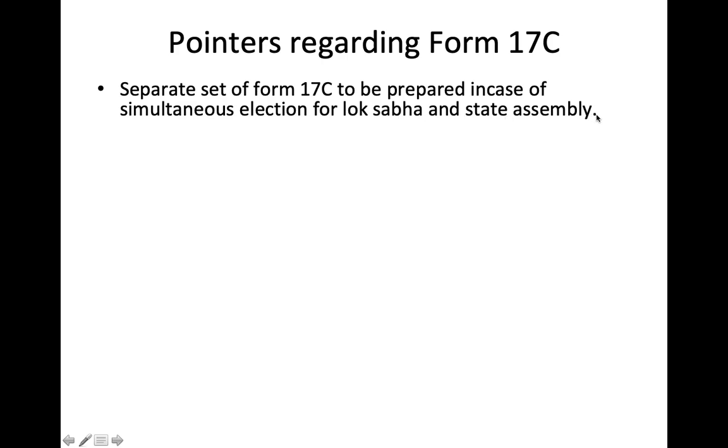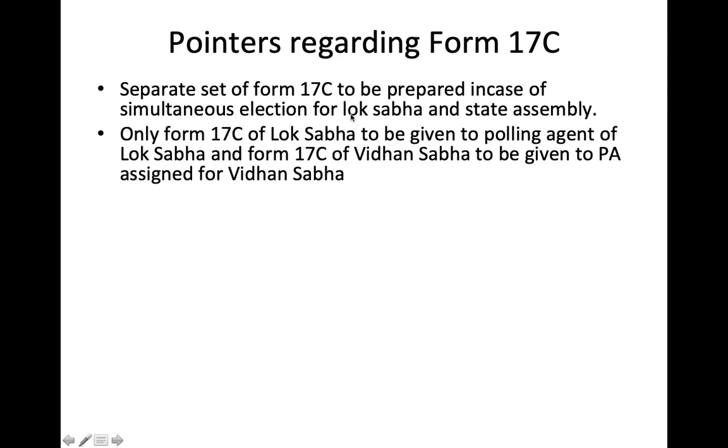The details will be different in both cases, because in Form 17C, as we have seen, we have to enter the unique ID number of the control unit, ballot unit, and BBPAT. And in simultaneous election, we have two sets of EVM and BBPAT. So we have to prepare two sets of Form 17C.